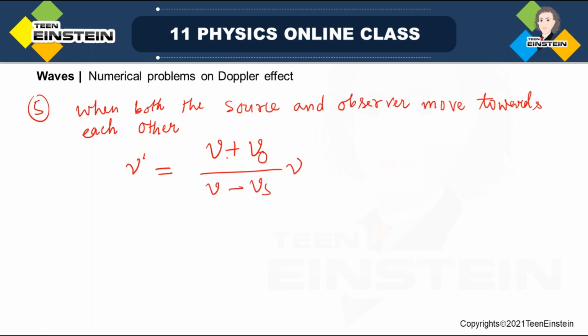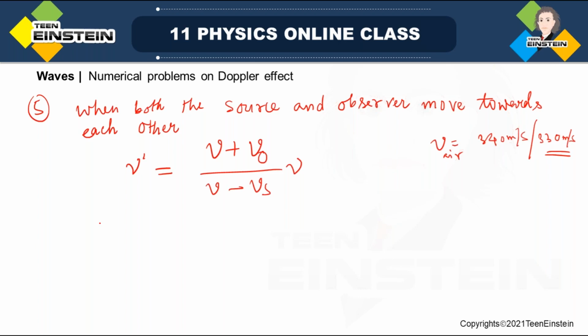If the medium is not mentioned, then it is air. Some cases the velocity of sound may not be mentioned, so in that case you have to take the velocity of sound in air as 340 meter per second, or ideally 330 meter per second in air at room temperature.